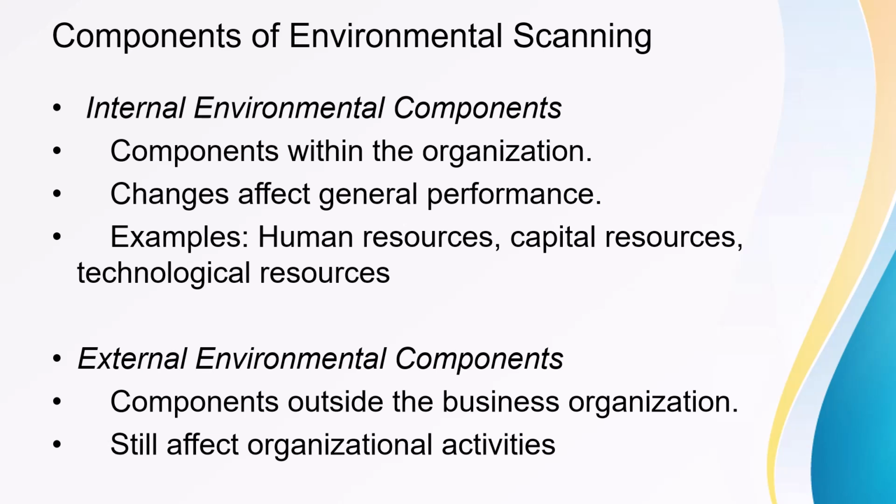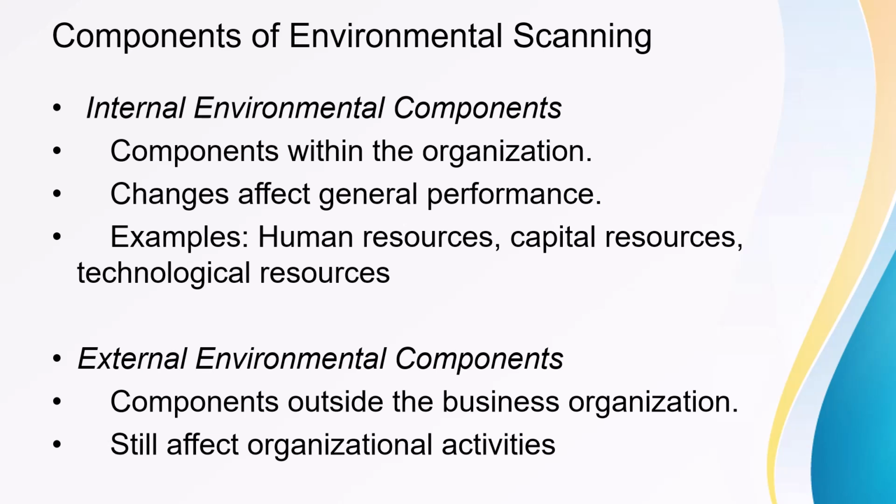In capital resources, we look at the financial strength and investment capacities. In technological resources, IT infrastructure and innovation capabilities are scanned. Changes in these components, say loss of skilled staff or outdated technology, can directly affect business efficiency.